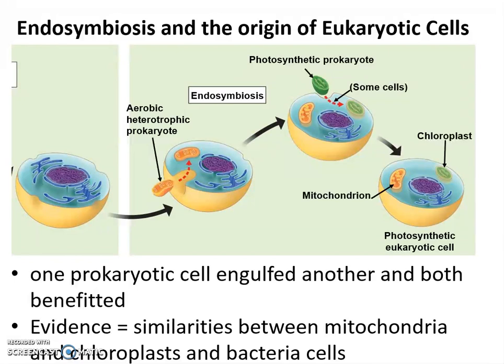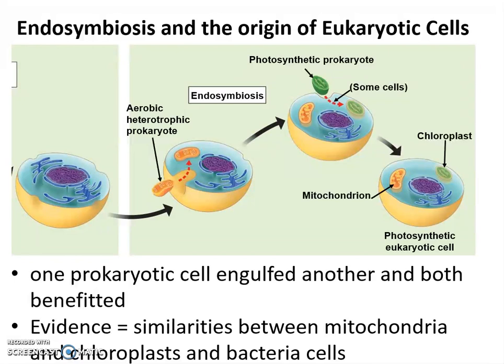We find inside of our mitochondria and chloroplasts that they have circular chromosomes like prokaryotic cells, and there are homologous DNA sequences in prokaryotic cells and the mitochondria and the chloroplast. So again, that is evidence for evolution based on similarities or homologies at the DNA level.